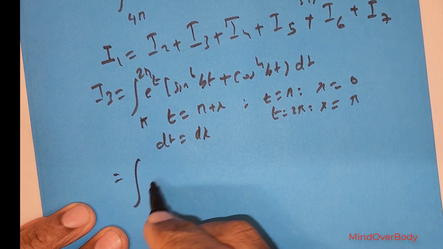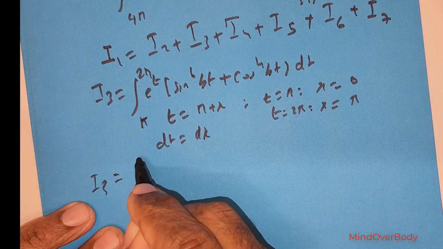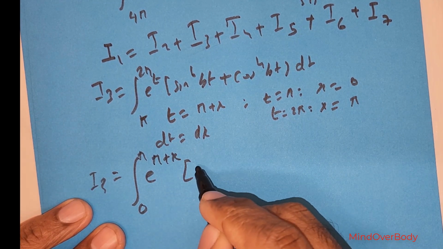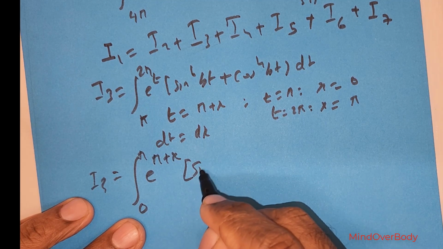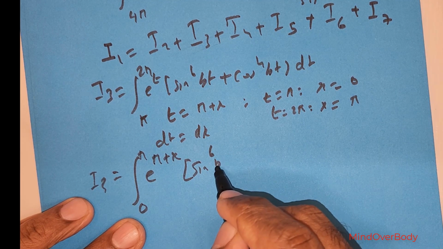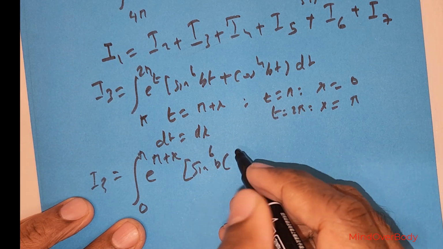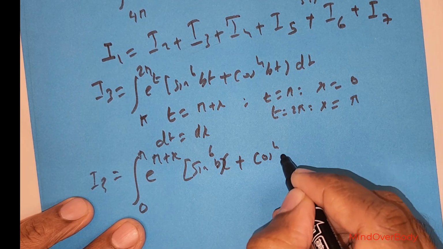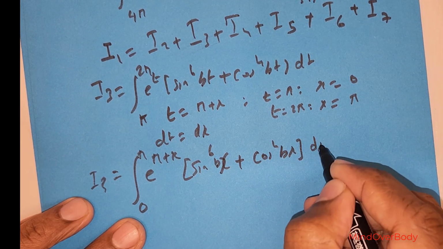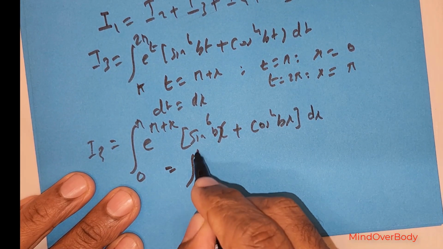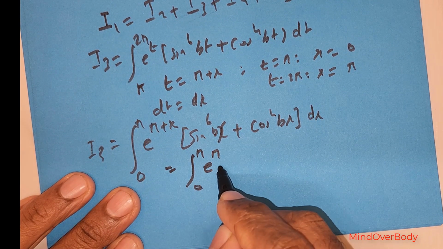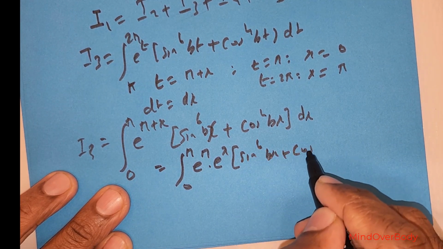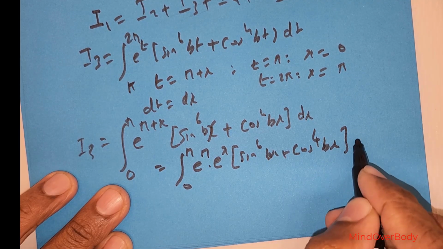This new integral is going to be the integral from 0 to π of e^(π+x) times sin^6(bx) + cos^4(bx) dx. This can be rewritten as e^π times the integral from 0 to π of e^x sin^6(bx) + cos^4(bx) dx.